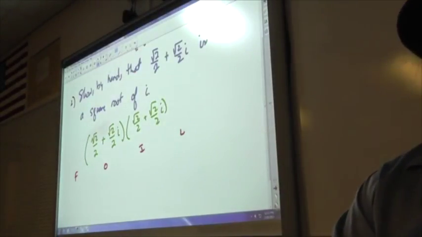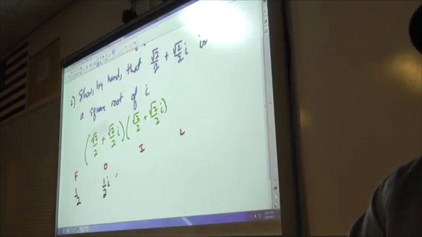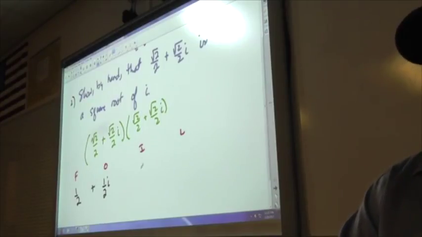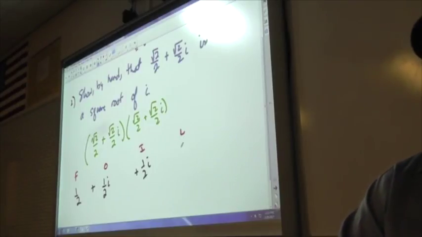So we do the first one. Square root of 2 times square root of 2 is 2, and 2 times 2 is 4, so it's going to be 1/2. The outer is the same thing, 1/2 i. The inner is 1/2 i. And the last is 1/2 i squared.